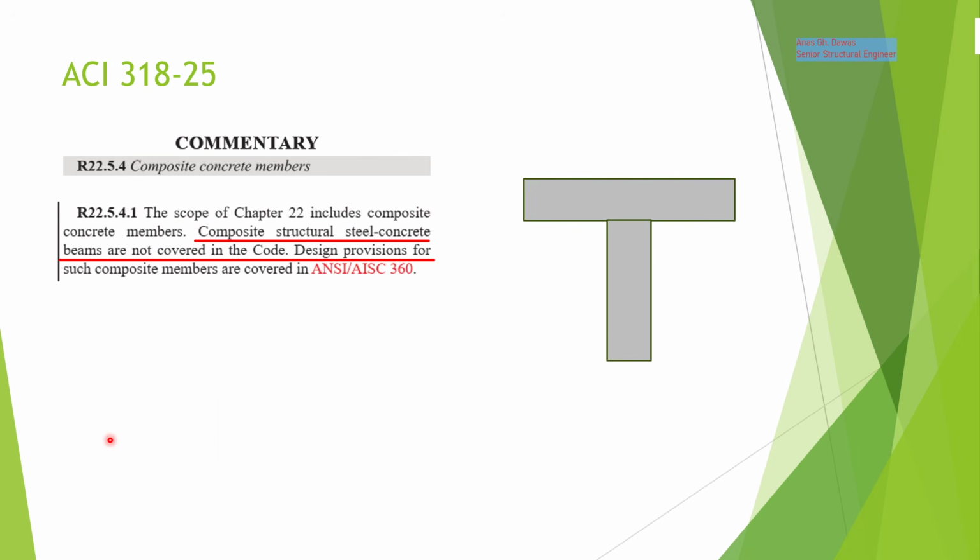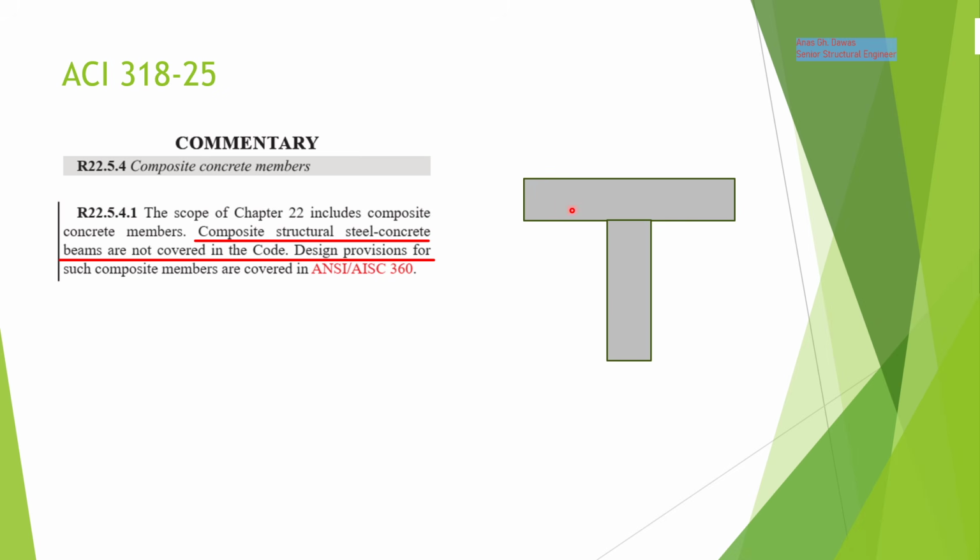Okay, also in ACI 318-25, the code now states clearly that the scope of Chapter 22 includes composite concrete members. Composite structural steel concrete beams are not covered in the code. If you'd like to design a composite structural steel concrete member, you have to go to AISC 360. So the ACI code covers only the composite action between, for example, a concrete beam and a topping slab.